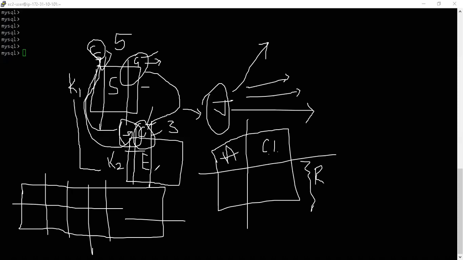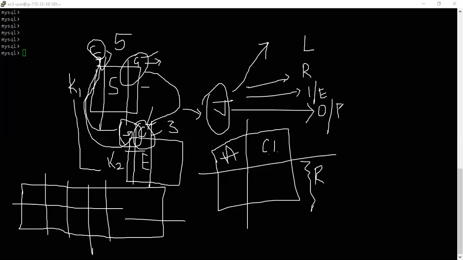Okay, first one is known as left join. Other one is known as right join. Third one is known as inner join, also known as equi-join. And the fourth one is known as outer join. That outer join can also be called a full join or a full outer join.